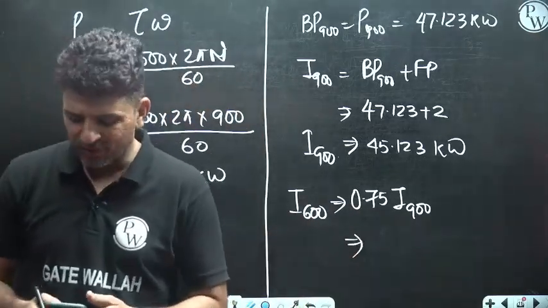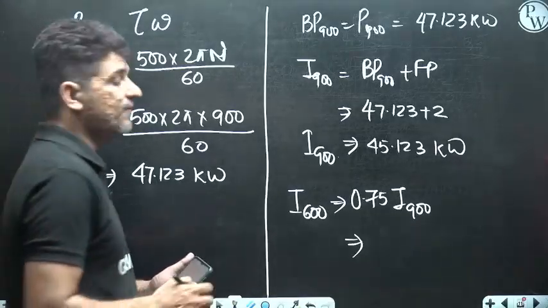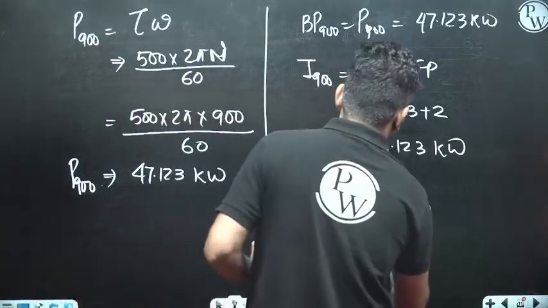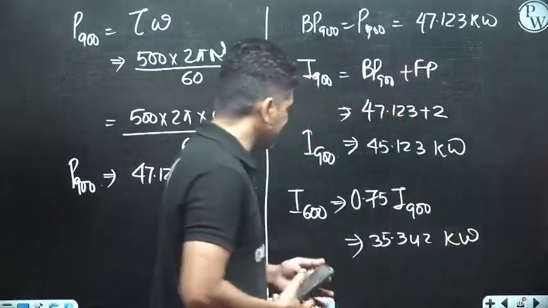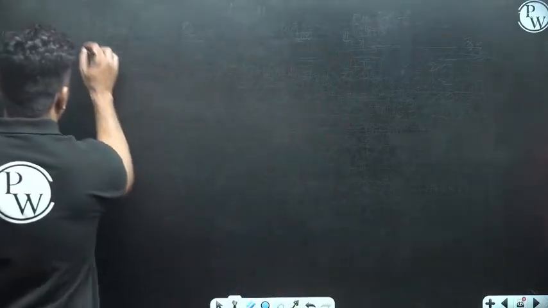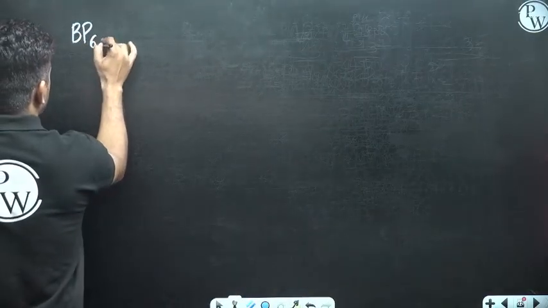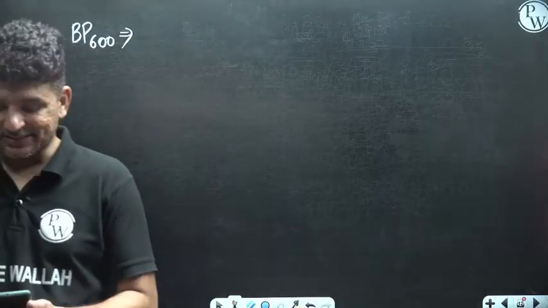Okay, so what will be the power that is produced by your engine? It will be 36.842 kilowatt, the indicated power at 600. And based on this indicated power, what will be the brake power at 600? So brake power at 600 will be equal to indicated power minus 2 kilowatt.